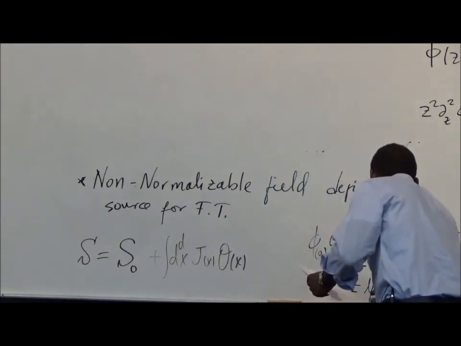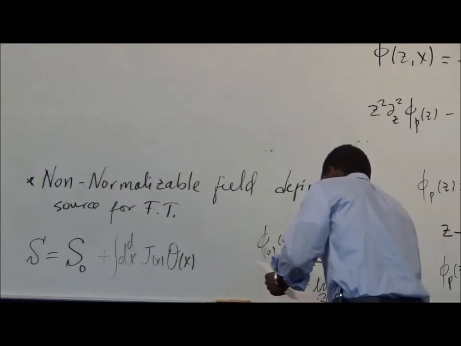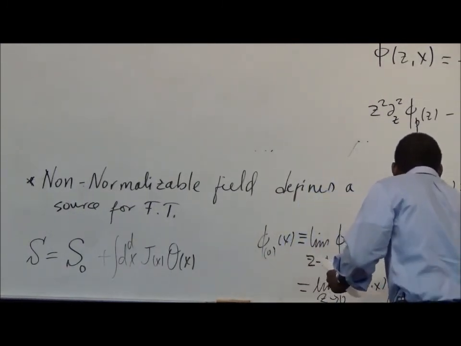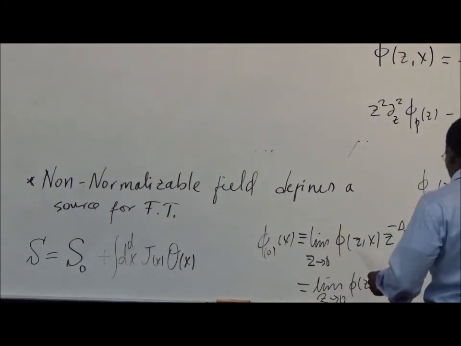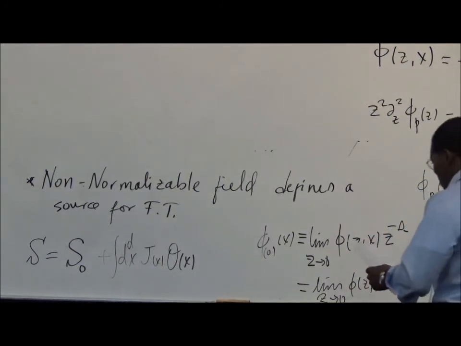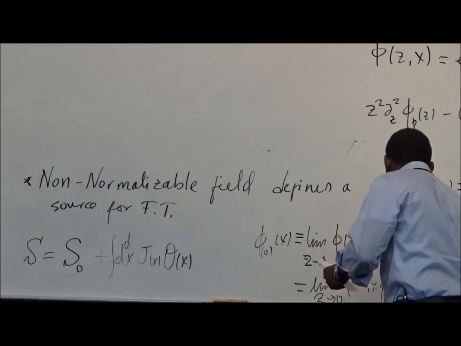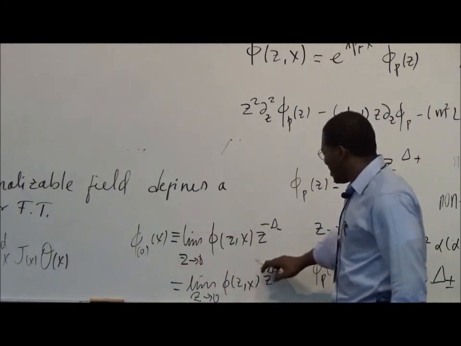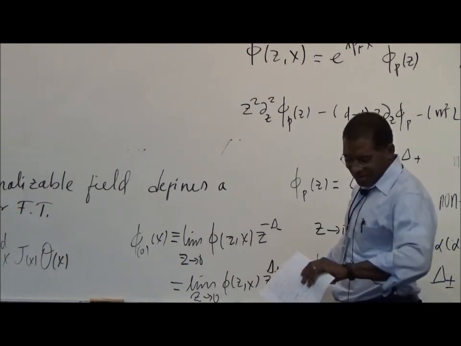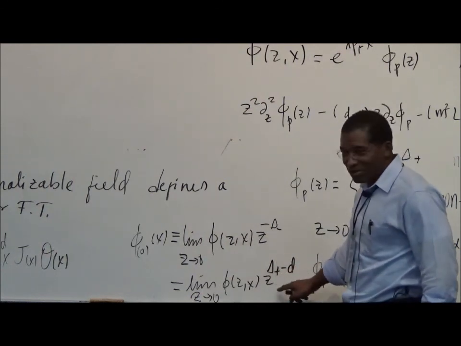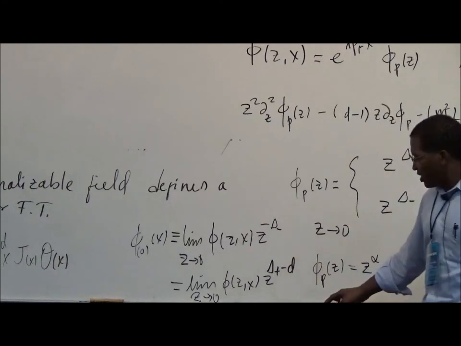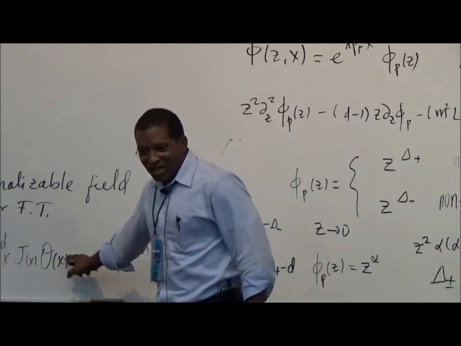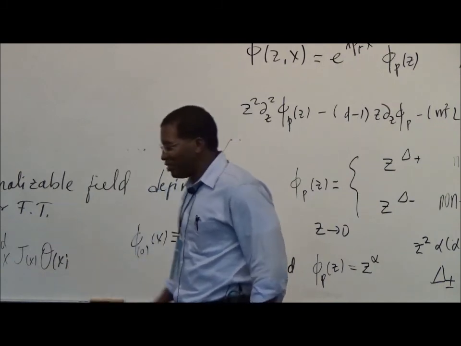This is also the limit as epsilon goes to 0 of phi at x. Delta plus and delta minus have this relationship here, so I can write it as delta plus minus d. The fact that phi 0 carries this, in two minutes I can convince you that this is related to scaling dimension. Then this combination will have the right scaling dimension to be a source for this operator.